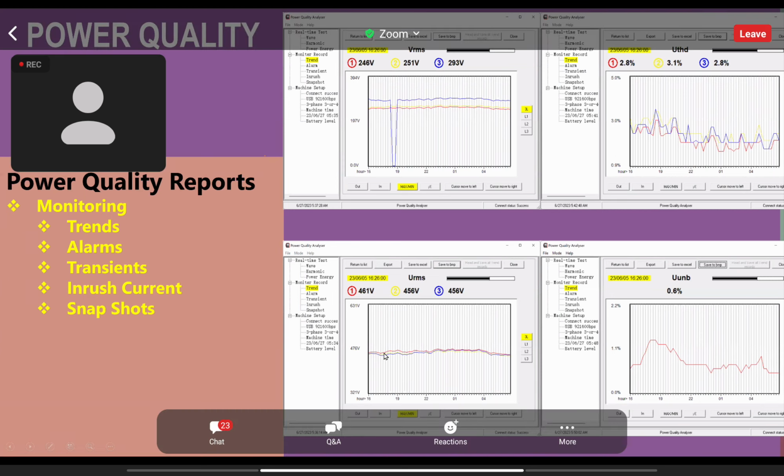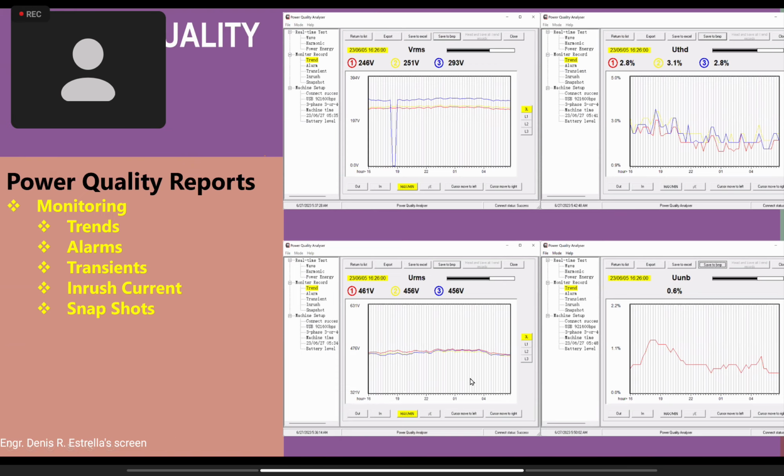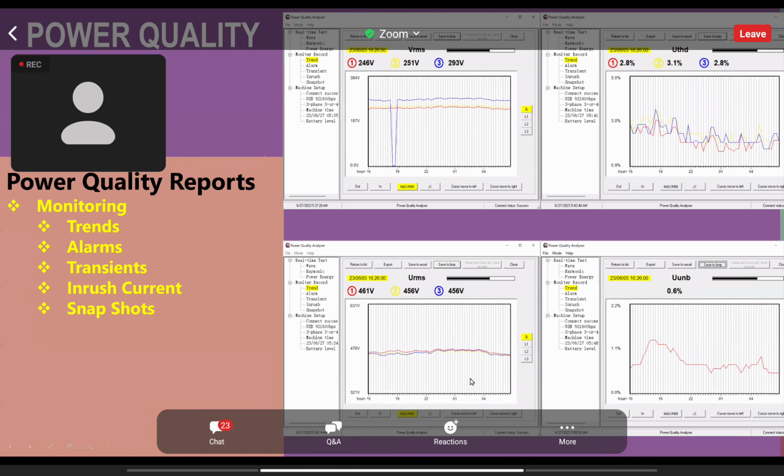So makikita natin how the voltage changes with respect to time. Yan, kita natin variation here. Then also we can record the unbalanced voltages. So that is just an illustration of the capability of our power quality analyzers.